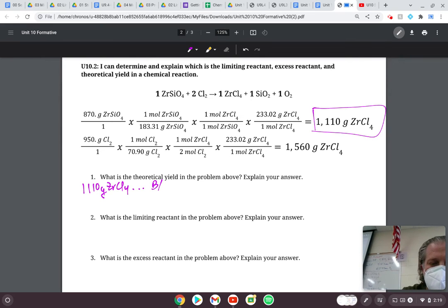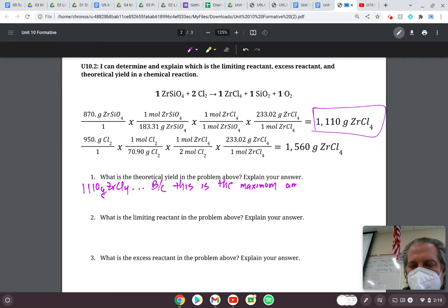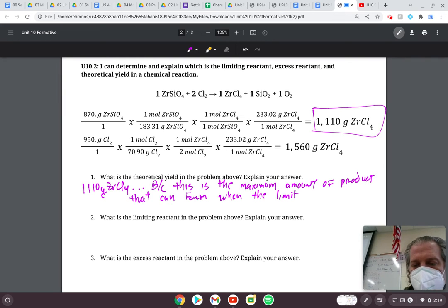And the reasoning is because this is the maximum amount of product that can form when the limiting reactant is used up.